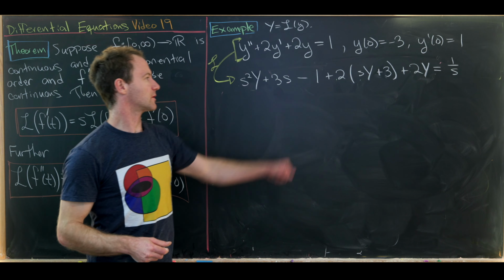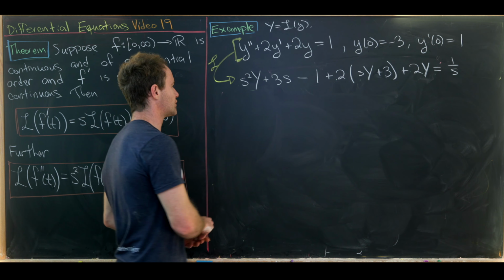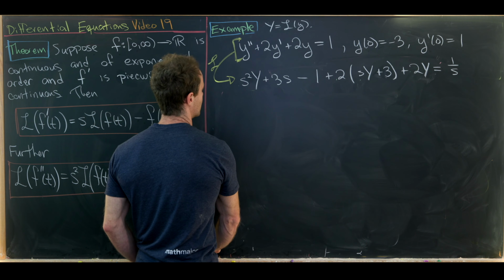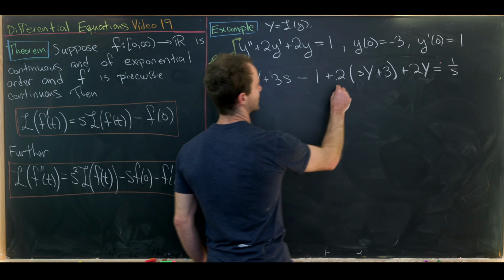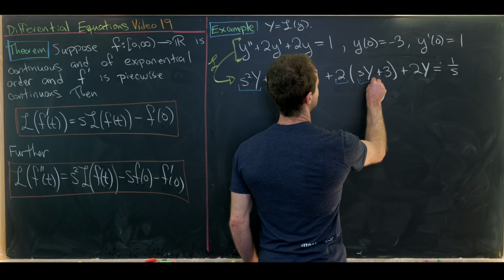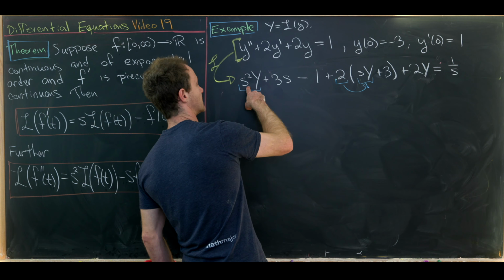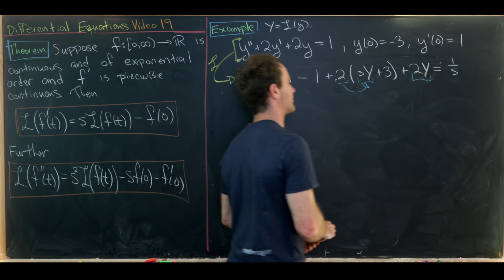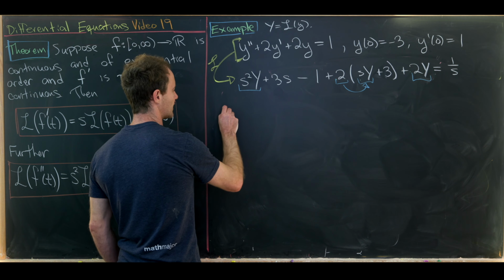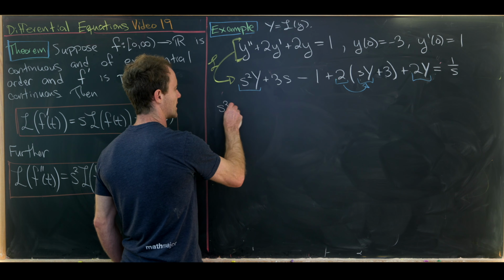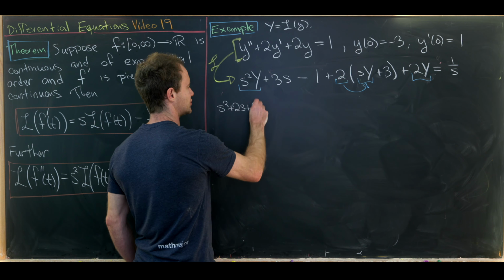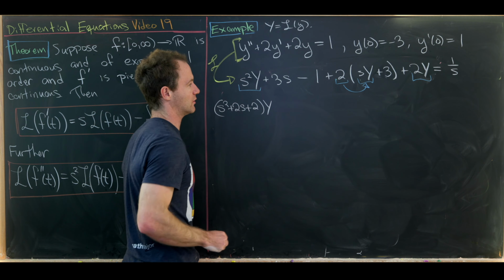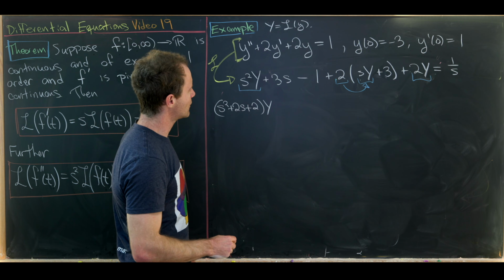Okay, so now we're going to start putting some things together. I'll start by collecting all of my capital Y terms. I've got an s squared times capital Y here, a 2s times capital Y here, and a 2 times capital Y here. So putting that all together, I have s squared plus 2s plus 2 times capital Y. Then what else do I have?